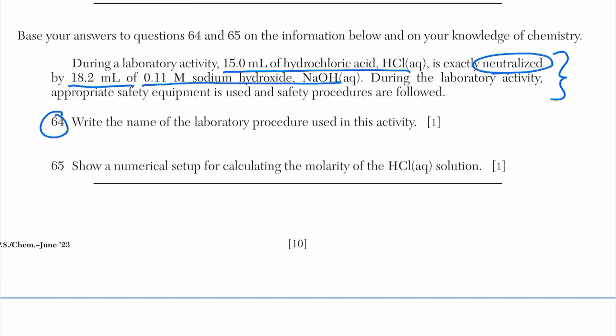This should scream to you a certain procedure. Every single, I would say, Regents student should have done a procedure where you took a burette, which is an emptying device, and normally you'd fill it with the base, but it could be done the other way.